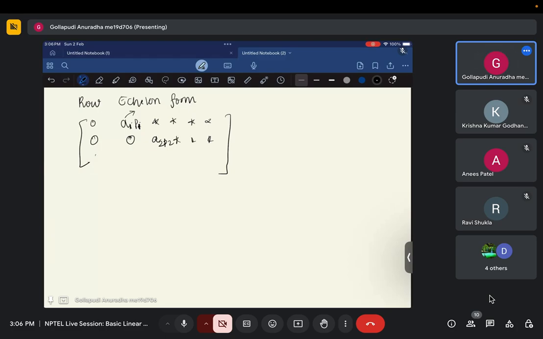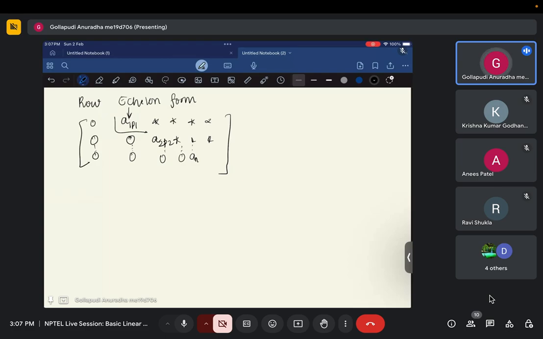So if in the first row the pivot is in the second column, then for the subsequent row the pivot column should be on the right side.